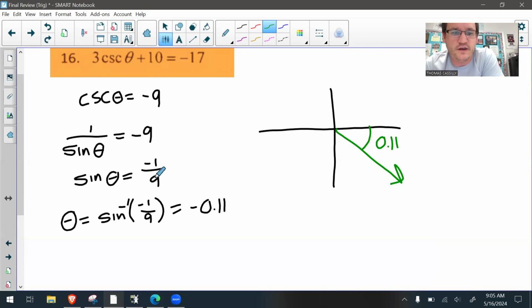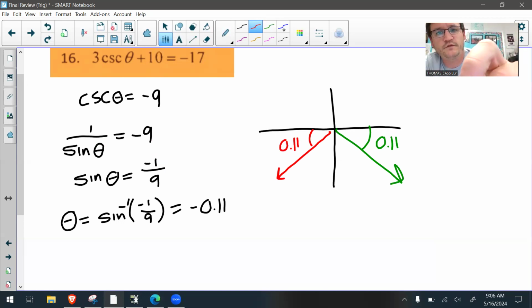And again, it's a negative value. We know sine is negative in quadrants 3 and 4. So the two angles we want are the blue one and the orange one.